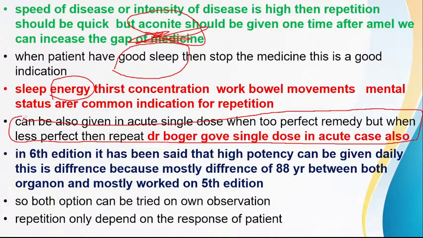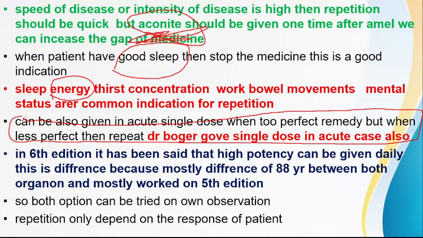Dr. Hahnemann clearly mentioned that in chronic disease we can frequently repeat the dosage. But when we talk with most doctors, they are firm about a single dose, not repeating the dose. Why so much dissatisfaction with these points? Even if Dr. Hahnemann has talked about repetition, why do many homeopaths not repeat the medicine?